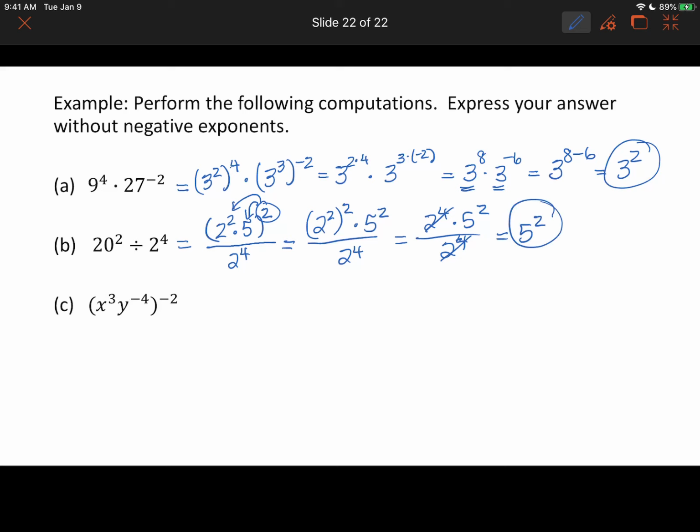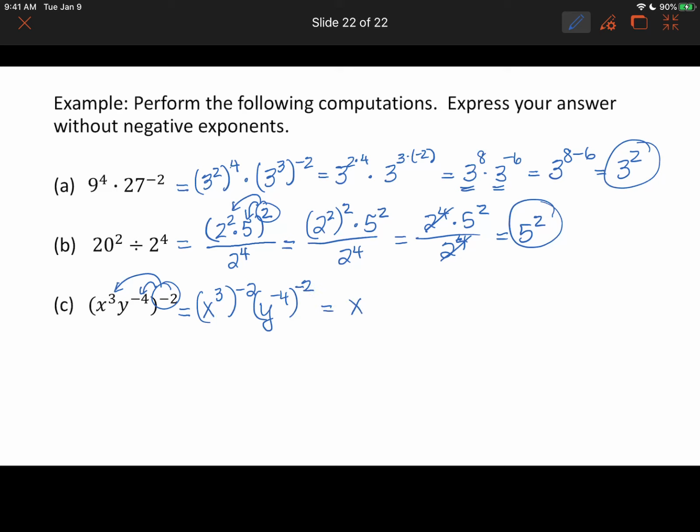All right, last one. No real numbers here. I'm going to use the same rule to first distribute the negatives in. So I get (x cubed) to the negative 2 times (y to the negative 4th) to the negative 2.